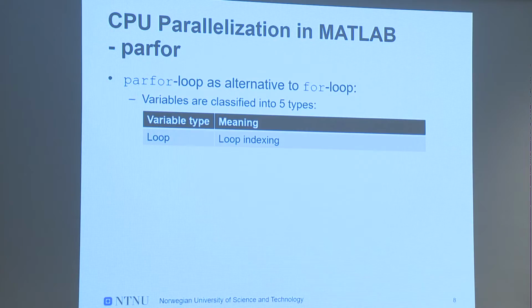You can do quite a lot of things with that. You can use it mostly for indexing, for multiplications. Important: you won't have the loop variable after the parfor loop, so you don't get a final value out of it. The second thing is a slice variable. Normally, if you want to parallelize, you want to do a lot of simulations with different initial conditions or different parameters.